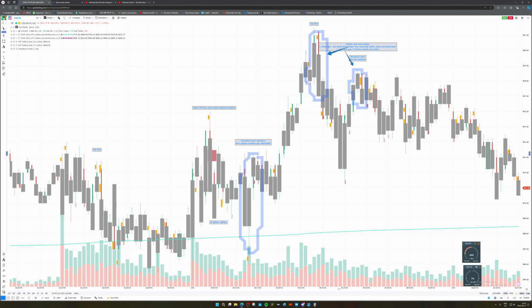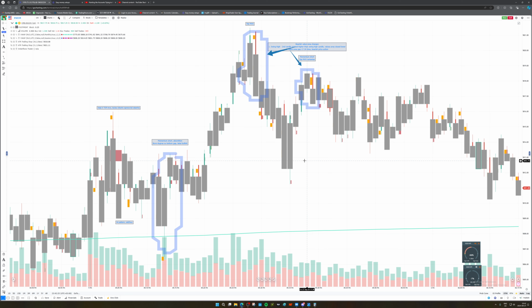Another thing which I saw during the live: look, price reached a new high, and another candle opened over here with a red candle. You see it opened at 21.25, and look what we have. This was this candle's value area, and over here another value area.